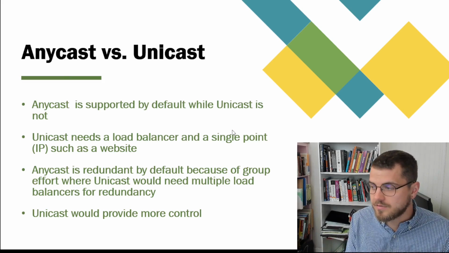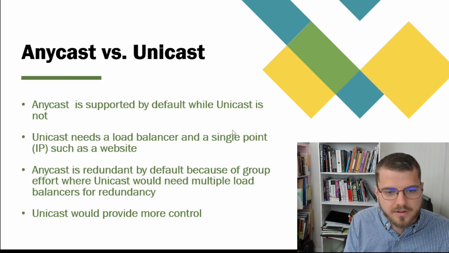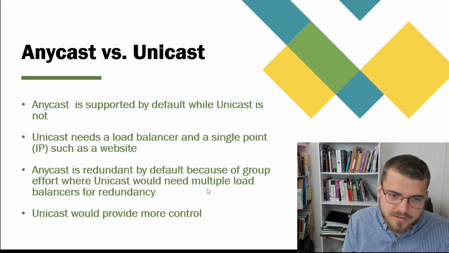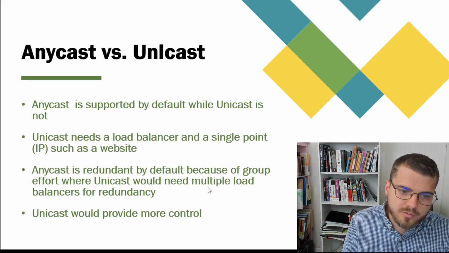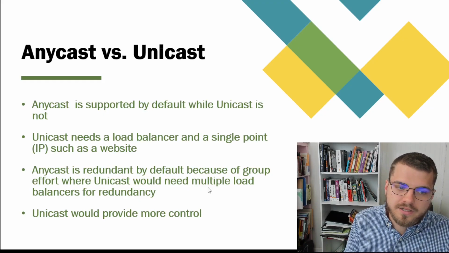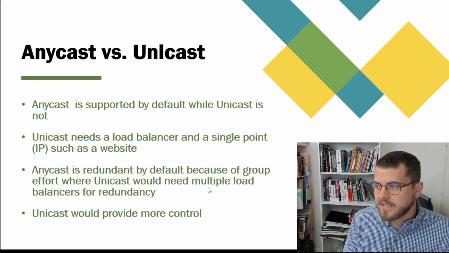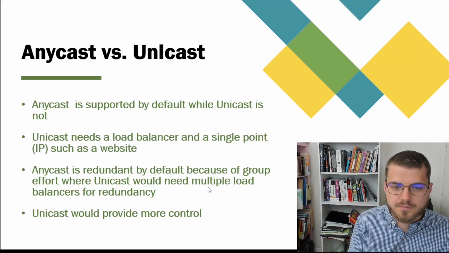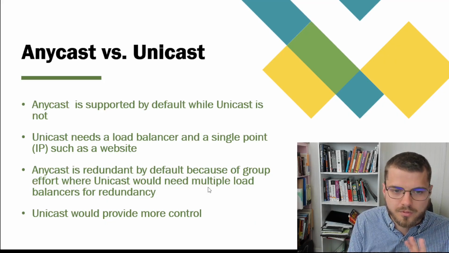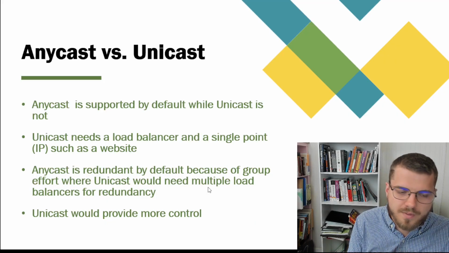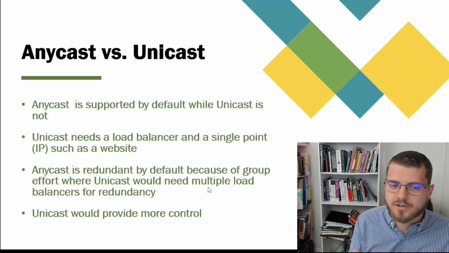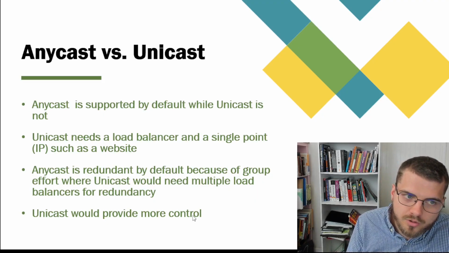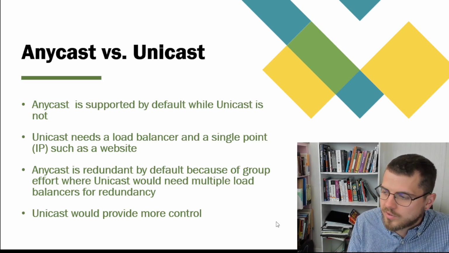Where Anycast, it could be many devices to many devices in a network. You don't have the single point. Anycast is redundant by default because it's a group effort, where Unicast would need multiple load balancers for redundancy. So, like I said, if Unicast is all coming through one IP, then you're going to need multiple load balancers to get it to be redundant. And Unicast does provide more control though, because you can actually control how the routing works.